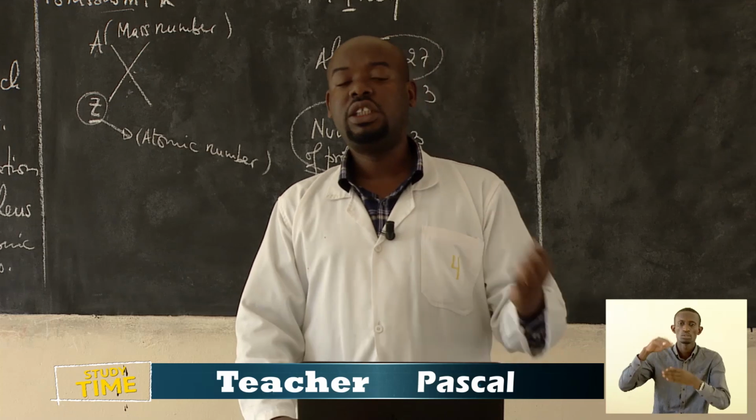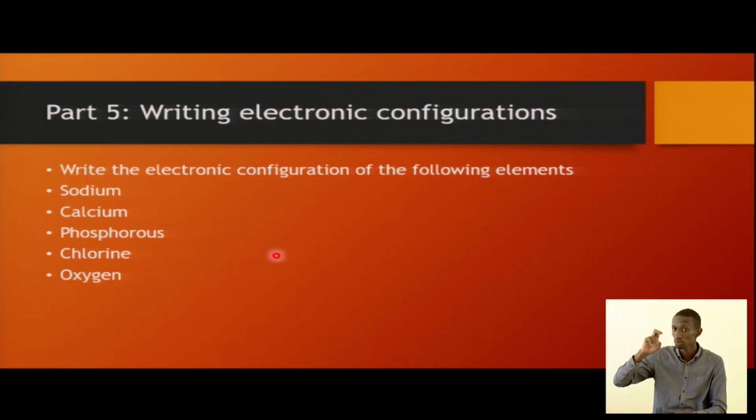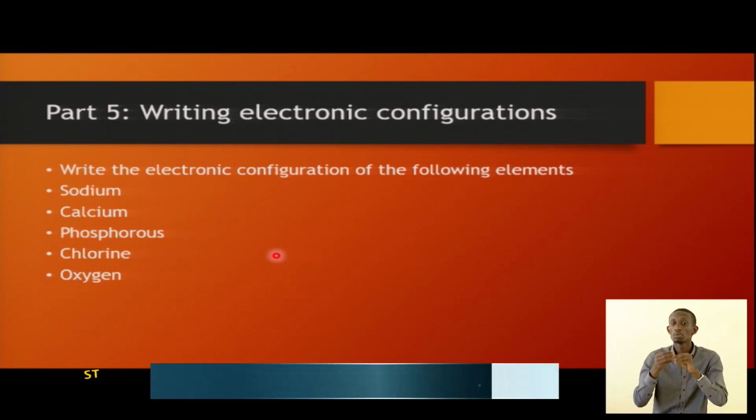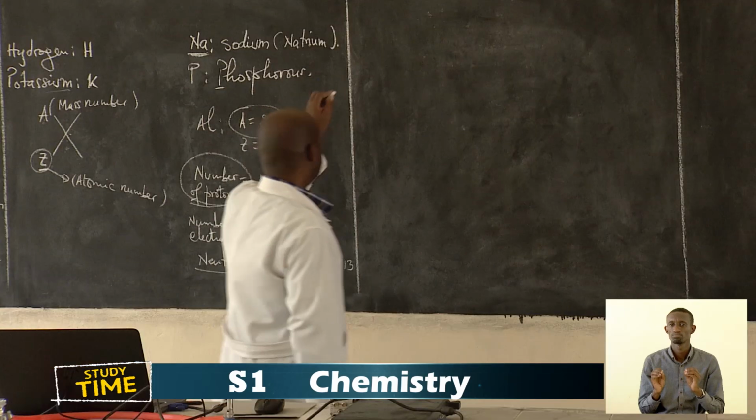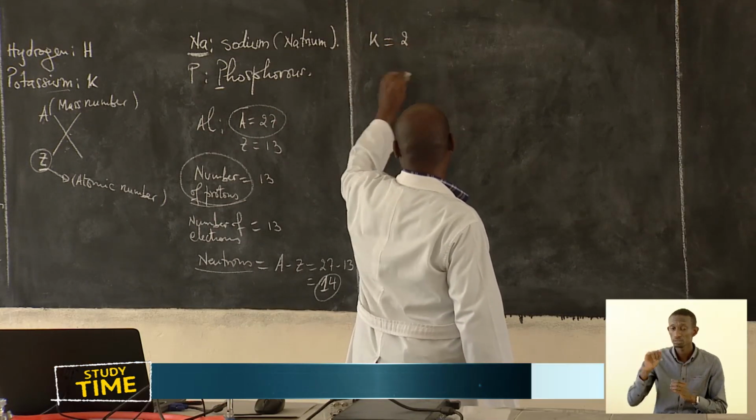We've seen that electrons are located in the energy levels or the electronic shells around the nucleus. But we know that all energy levels we have in the atom will not accommodate the same number of electrons. The first energy level, which is K, can only have 2 electrons.